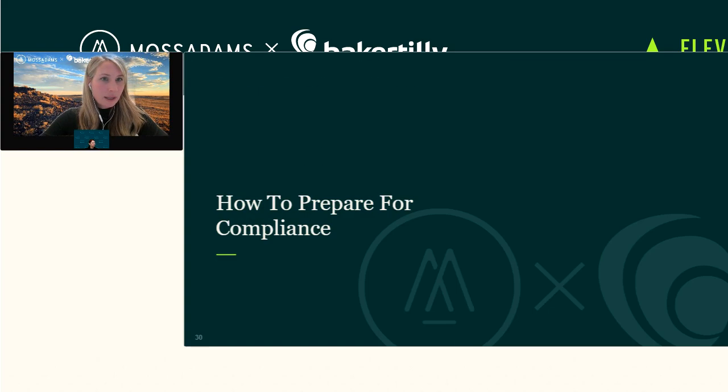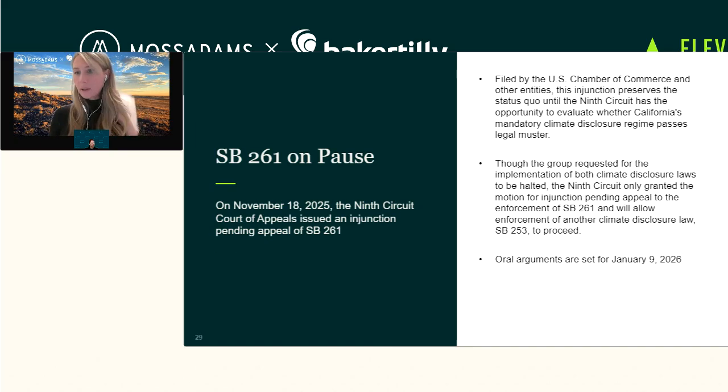Okay, so I think the critical element we can close out on here is our thoughts in terms of 261 being paused, because I do think this is confusing to a lot of people. Because of the ruling for the injunction, CARB's enforcement of 261 is currently paused.